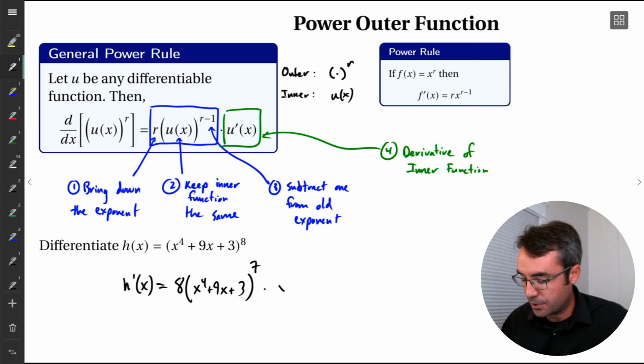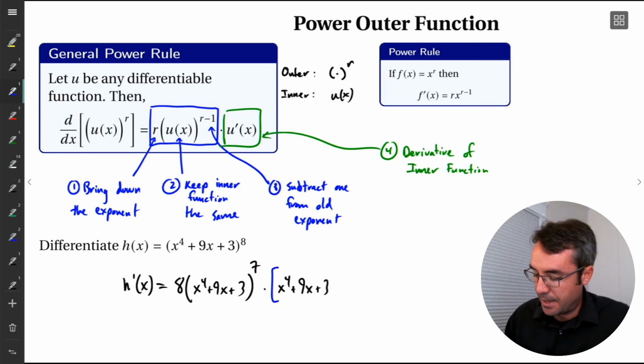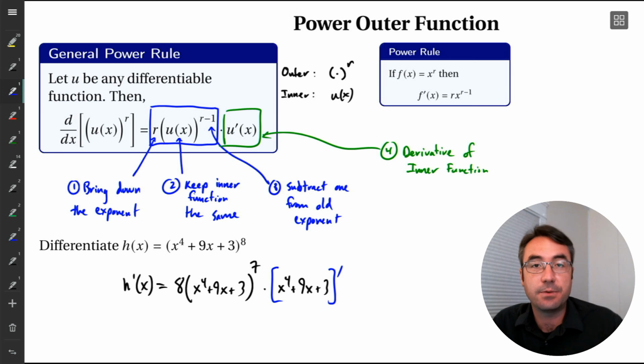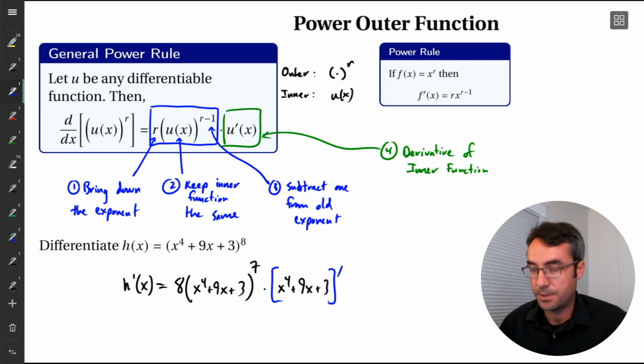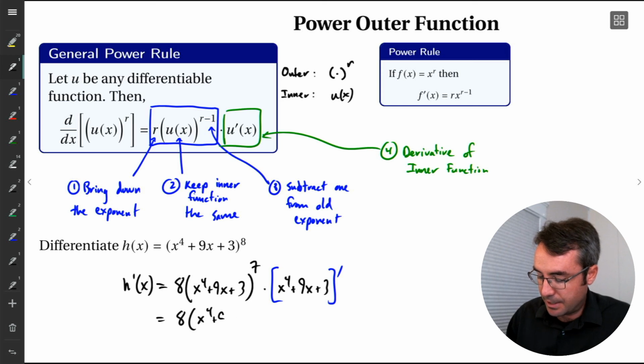We take those terms inside, x to the 4th plus 9x plus 3, and multiply by their derivative. So we differentiate the inner function. This u prime is us differentiating the inner function. The first part is taken care of.